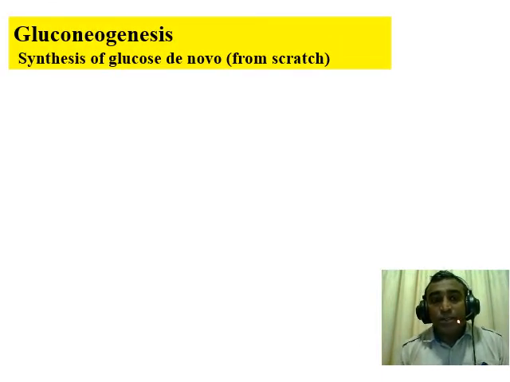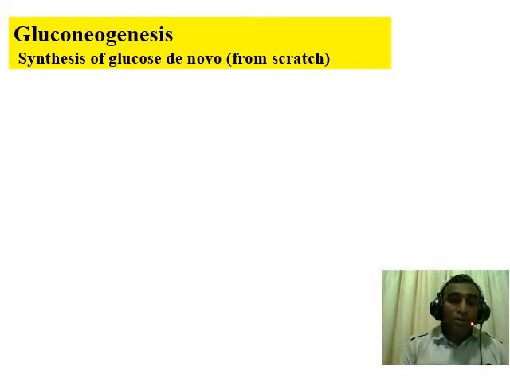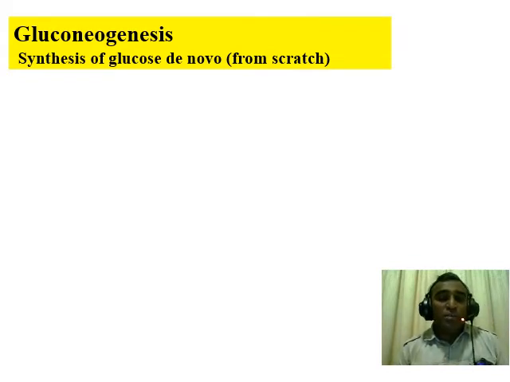This is gluconeogenesis, also defined as the synthesis of glucose de novo. That means from scratch. De novo means you are making 2 carbon, 3 carbon molecules, putting them together and eventually they become the 6 carbon glucose. It's not like you get the 6 carbon glucose from the diet.